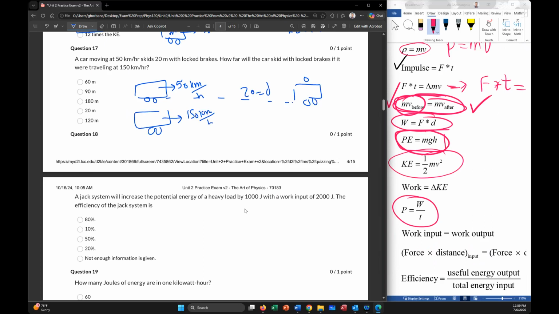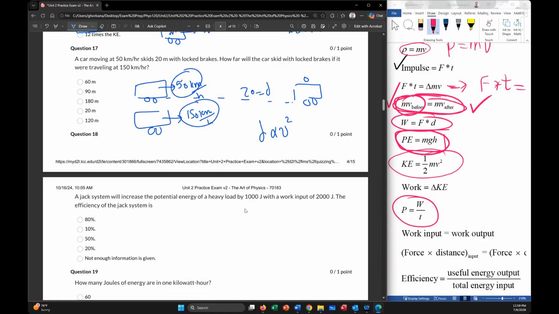You have done the stopping distance experiment at home. The stopping distance is directly related to the velocity squared, like the kinetic energy. How many times has the velocity gone up? 3 times. So it means that the stopping distance should be 9 times bigger. When it was 50, it was 20.